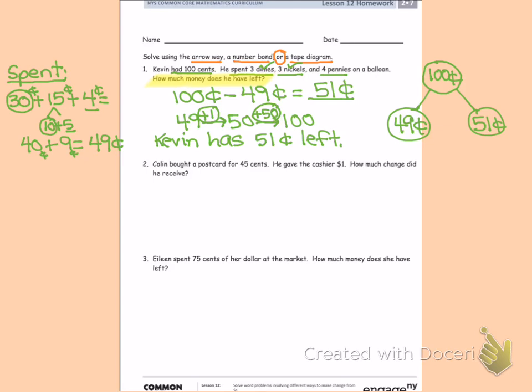Colin bought a postcard for 45 cents. He gave the cashier $1. How much change did he receive? Right. He bought a postcard for 45 cents and he gave the cashier $1.